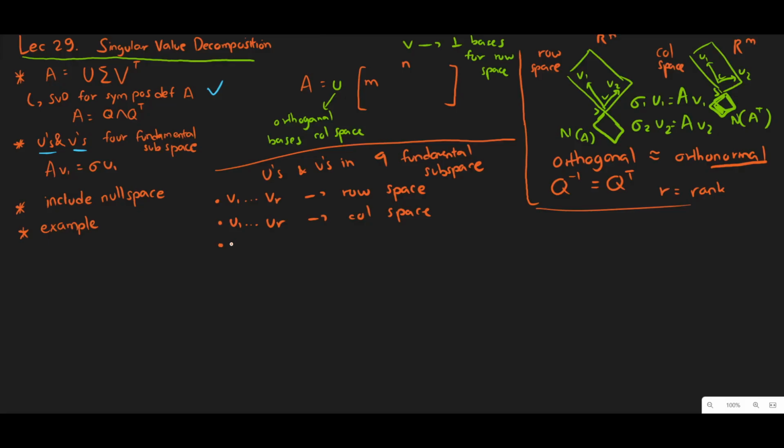So for V from r+1 to Vn, these are in the null space of A, while Ur+1 until Um live in the left null space, or the null space of A transpose.